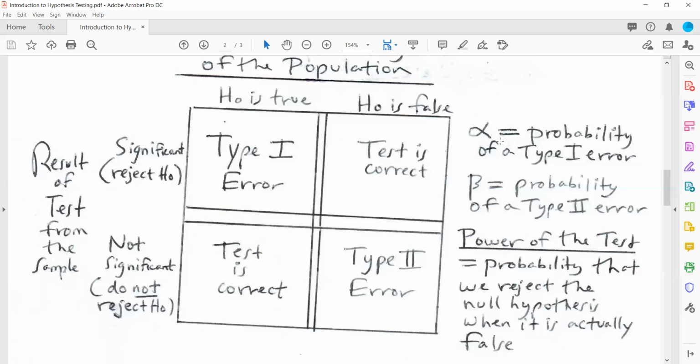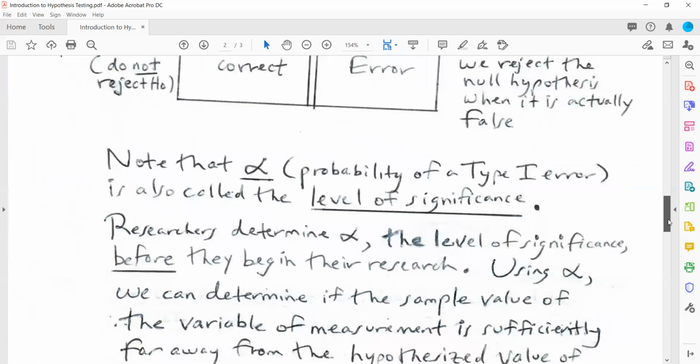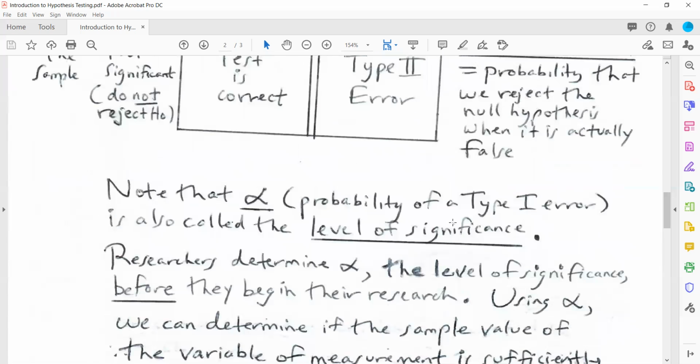And they're going to say something like, okay, I can live with a type 1 error of 0.05, 5%. If the probability of me being correct is 95%, then I'm okay with that 5% type 1 error. So alpha is 0.05, something small, and they want to select this at least before they do the research.